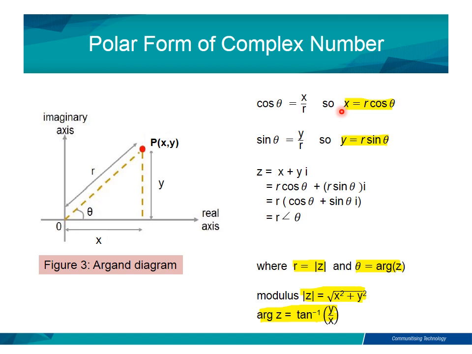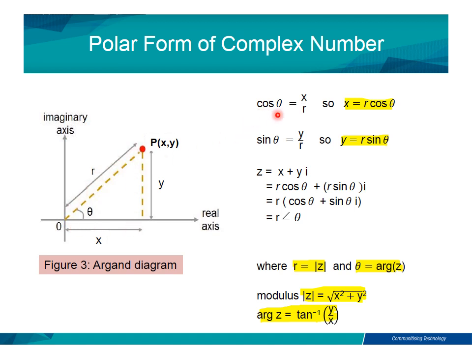So x equals r cos theta and y equals r sin theta. By looking at this figure, this is our Argand diagram. This is theta, this is y, this is x, and this is r.